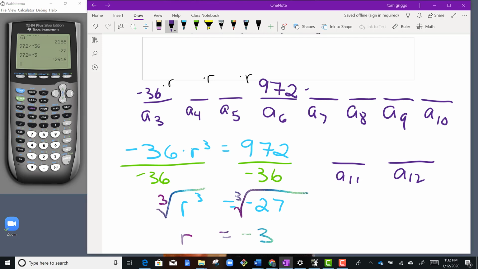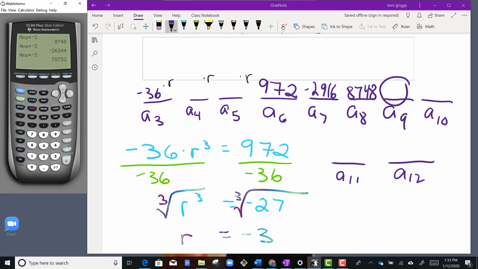You do it once and you get the next number, which you don't really have to write out. And you can do it one more time. Oops. To get 8748, the 8th term. And then you can keep hitting enter. You don't have to do times negative 3. So that number is the 9th term.